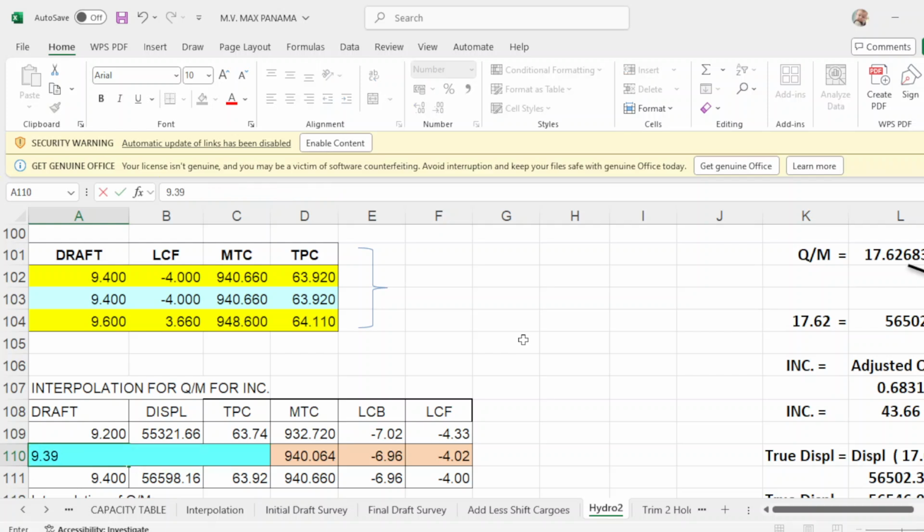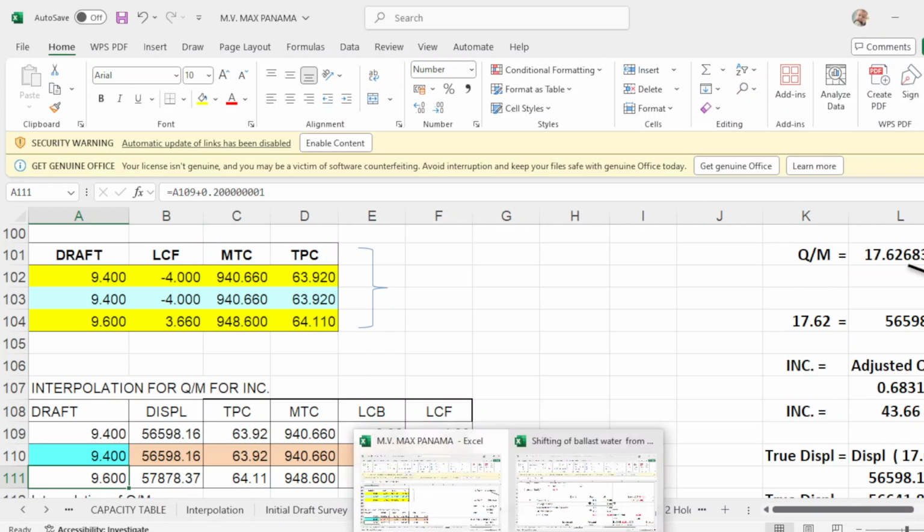The LCB is negative 6.96. If 9.40, it is the same. So it's the same, no matter. So LCB is negative 6.96.